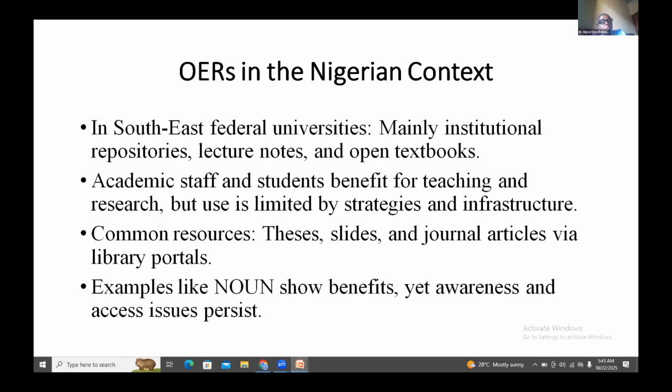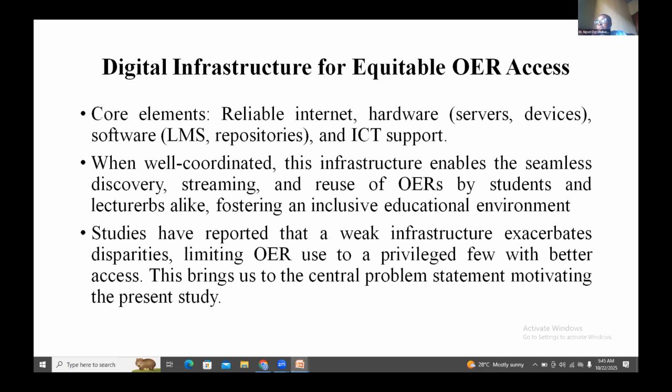On digital infrastructure for equitable access, it will be good to know that digital infrastructure encompasses the collection of technological and support systems that enable the creation, dissemination, and utilization of digital educational resources. The core elements include reliable internet connectivity, appropriate hardware, that's servers and devices, software applications, and ICT support services.